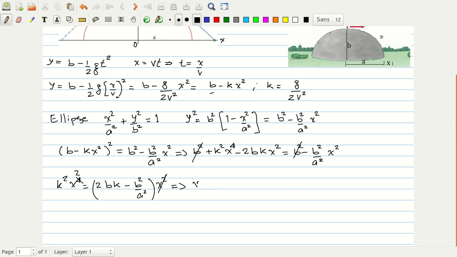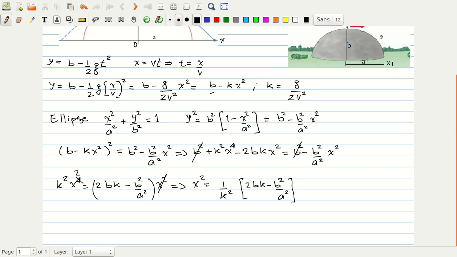So you can solve for x square as it should be equal to 1 by k square times 2bk minus b square by a square, right? So we know what our x square should be equal to. It should be equal to 1 by k square times 2bk minus b square by a square.